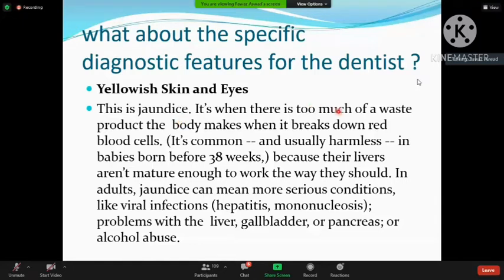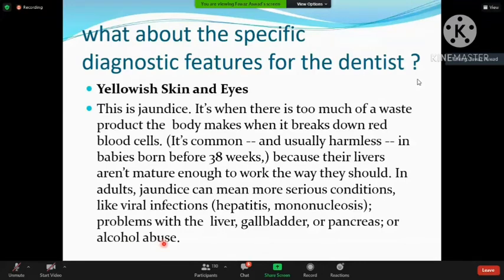There will be too much waste product in the body which is broken down. In such a case, the dentist should keep in mind that sometimes it is hepatitis. We will take impaired liver function tests, or sometimes it may occur due to obstructive jaundice, any problem with the gallbladder or pancreas, or even alcohol abuse.